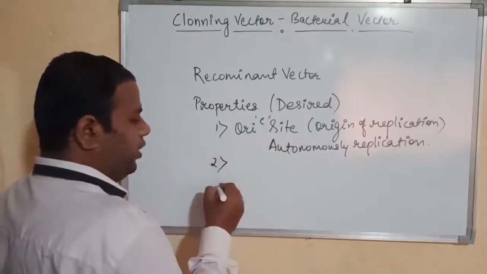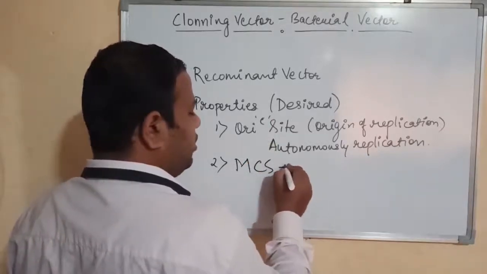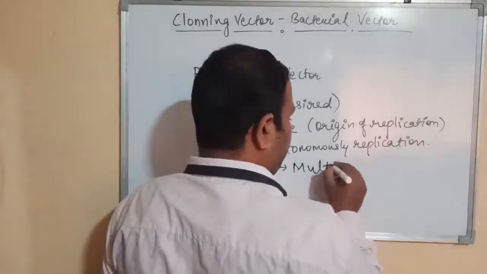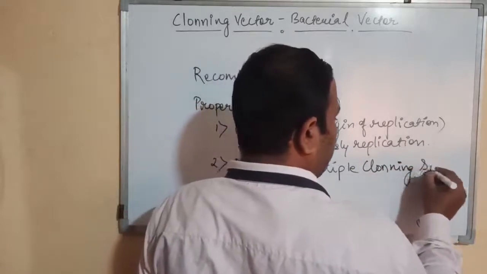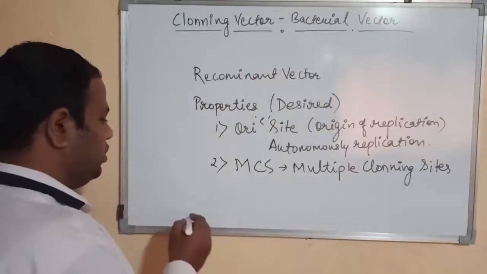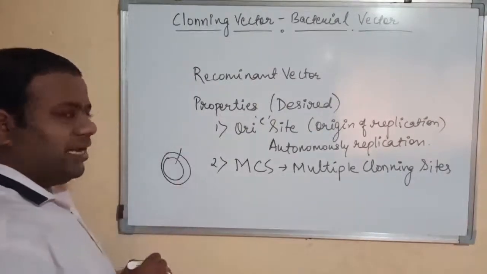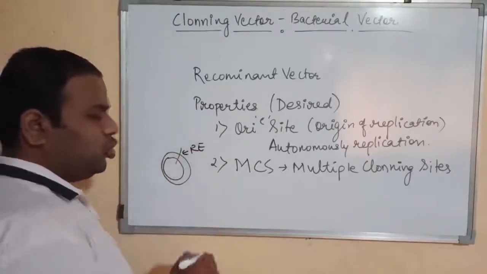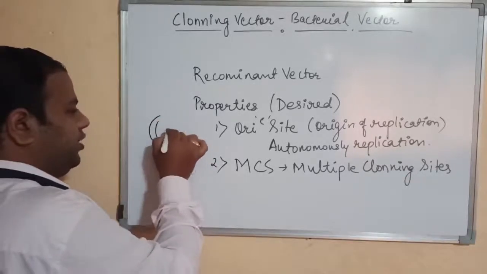The next property that a vector should have is a multiple cloning site. Multiple cloning sites means, suppose this is the vector. If I want to add my fragment of interest at this position, there should be a restriction enzyme site at this position, so that I can incorporate my DNA of interest into this site.